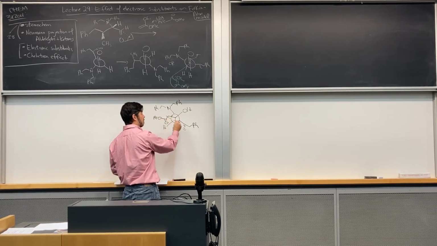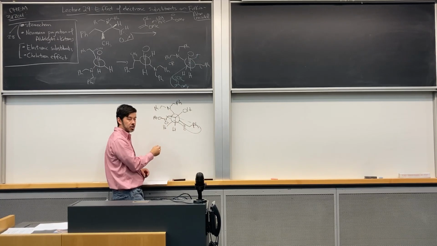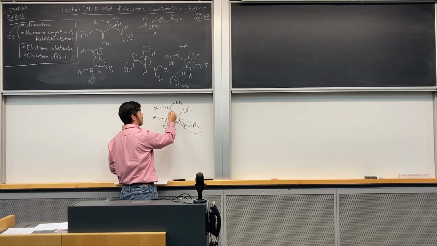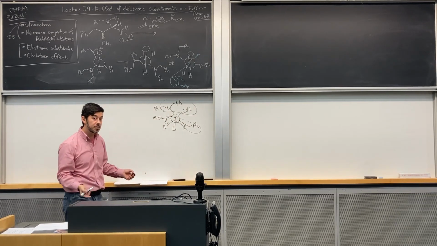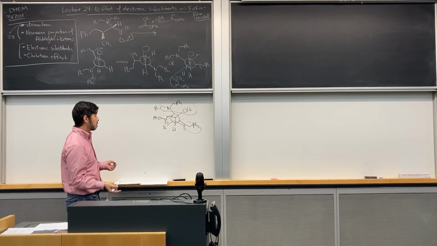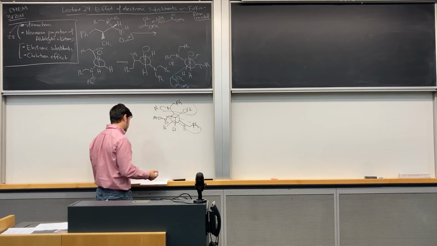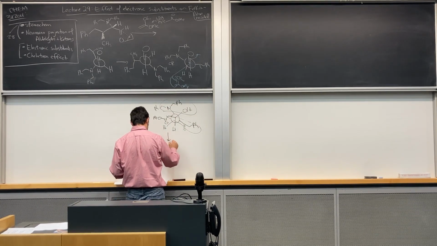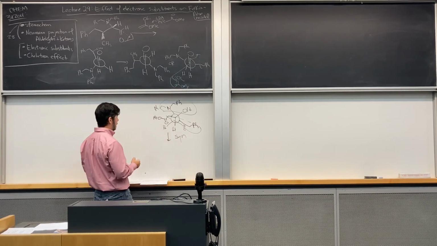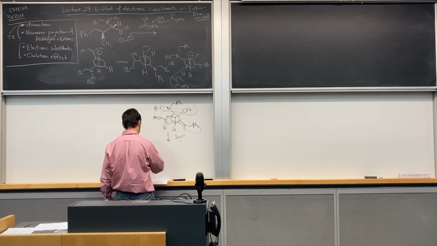So our longest carbon chain is in the plane of the page. And what you have over here are two groups that are on the same side, syn to each other. So in terms of drawing out what the product will look like, this corresponds to a syn product. And that might look something like this.